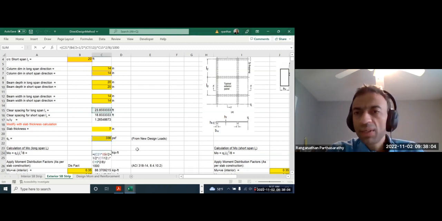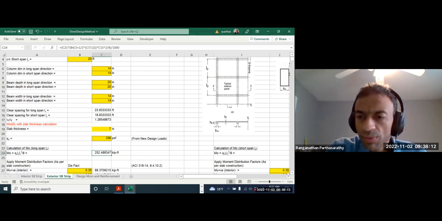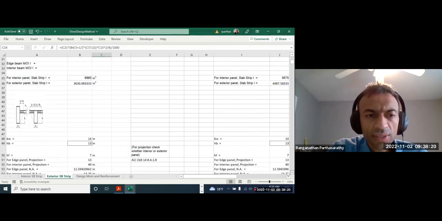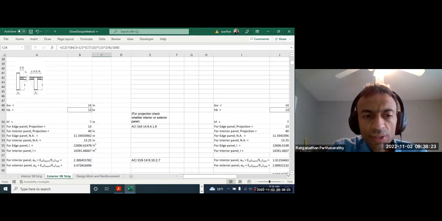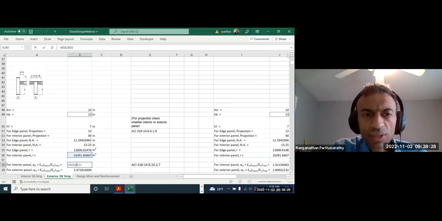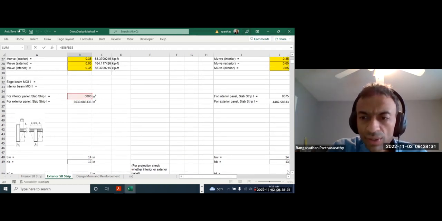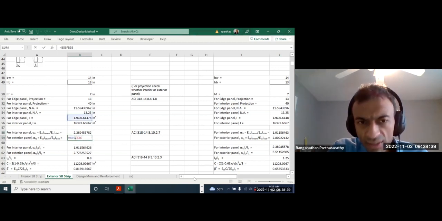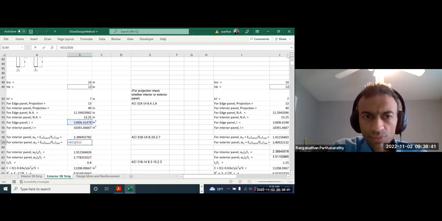right from here, for everything, for the moment, then for the moment of inertia of the slab. If you look at my alpha calculation here, this alpha is based on the interior panel. That's not what we will use. Exterior panel, this is what we will use here.